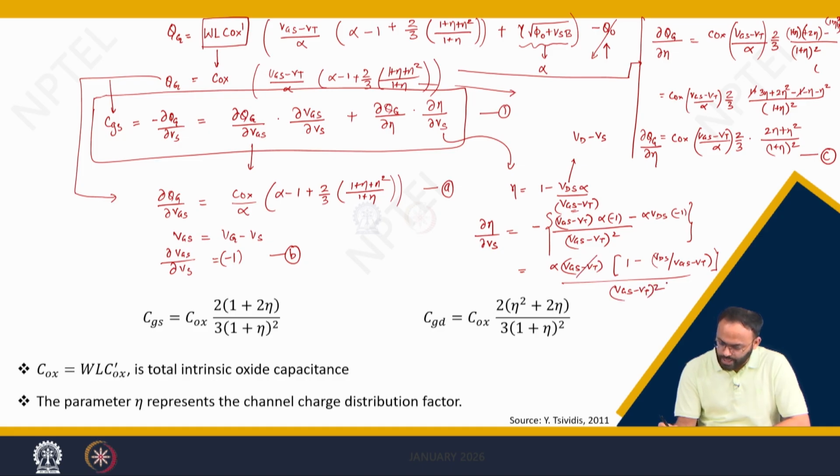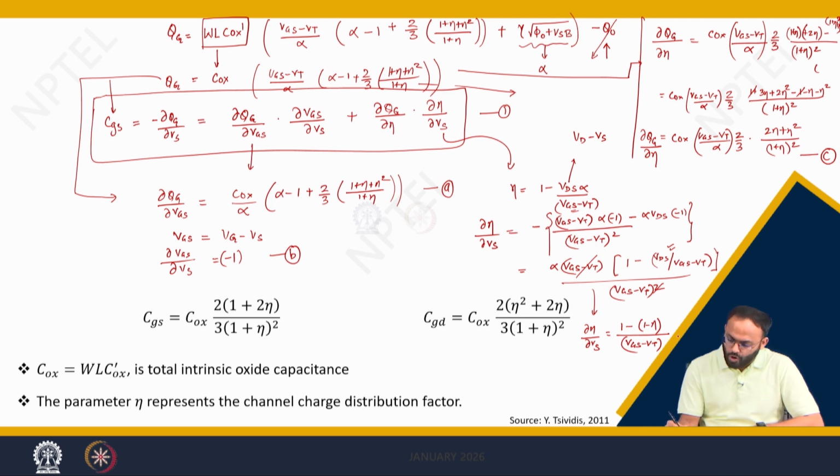So this gets cancelled, and if you consider alpha equal to 1, then delta eta by delta Vs can be written as 1 minus eta divided by Vgs minus Vt, right?